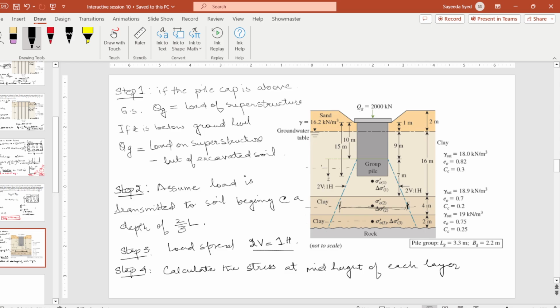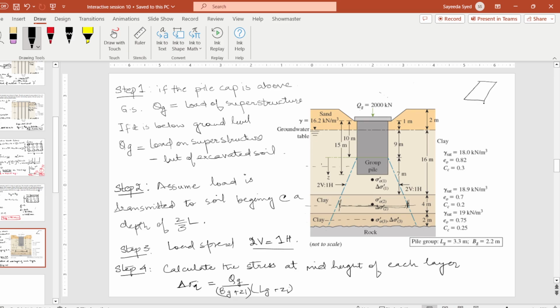It will be something like this. The spread is in both directions. This will be Bg, Zi, Lg, Zi.